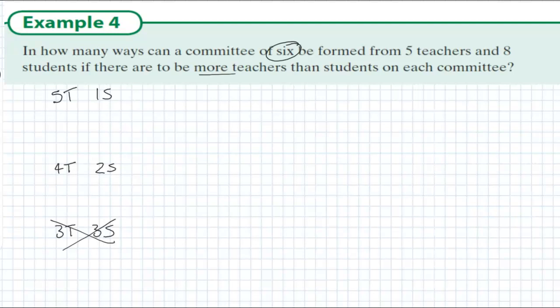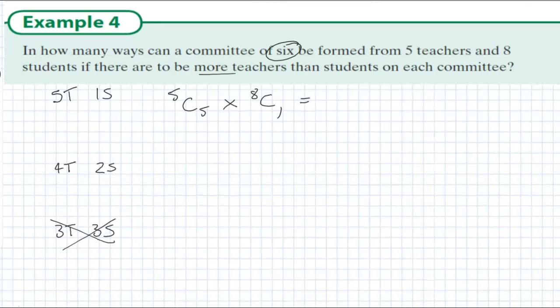So you just work out the separate amounts, and then we'll add them together afterwards. So we want 5 teachers from 5. Literally it's 5 combination 5, and we've got 8 students from which we choose 1. 5 combination 5 is 1, and 8 combination 1 is 8.